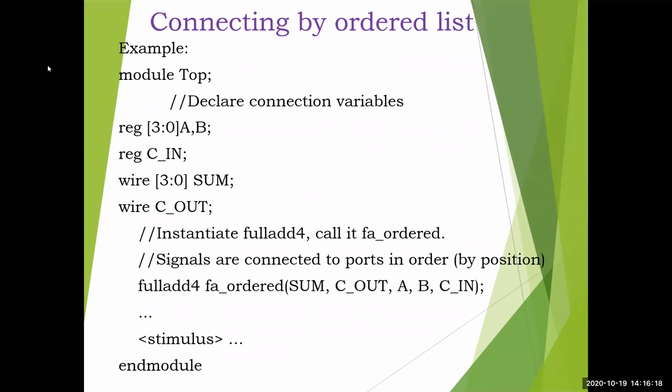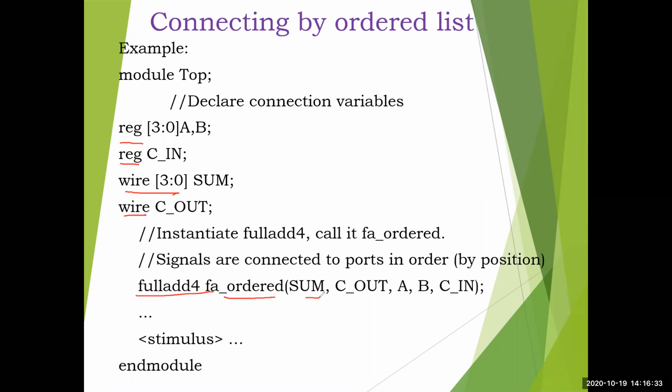See here, this is the stimulus block. In the stimulus block you have declared the inputs as register and outputs as wire, so no problem here. Then we have instantiated the 4-bit full adder with the instance name full add ordered.